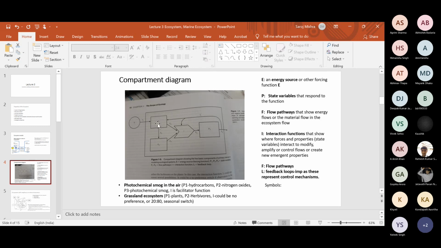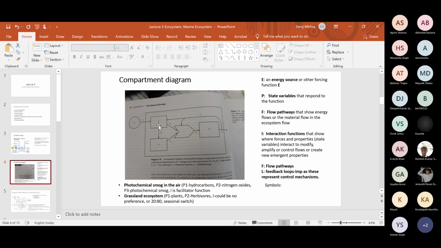Okay, so if that happens, computer simulation of these models can also be carried out, which can predict what the eventual outcome is. This is a classical example where we did have smog formation because of automobile combustion, but now because of what happens in the borders of Punjab and Haryana, there is wood burning. Okay, as a result of which you don't necessarily have nitrogen oxides being released, but you do increase the hydrocarbons in the air because of wood burning.